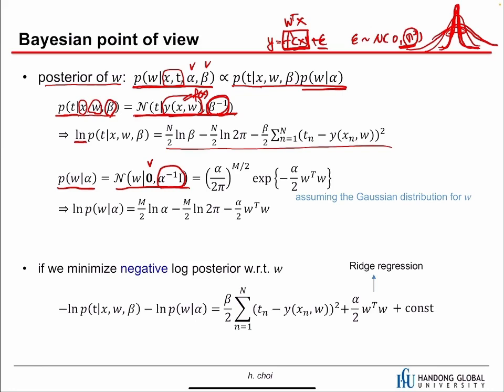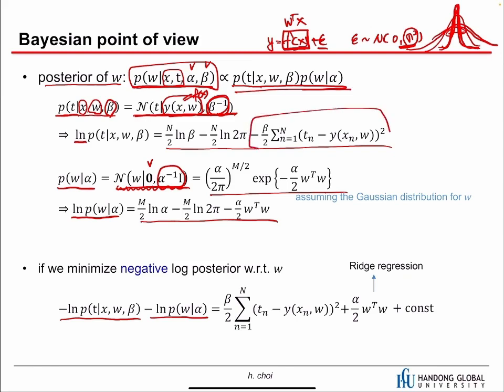So we can define our prior as we want. As we said in the previous slide, we want our parameters around the zero vector, so that's why we use this prior. Then when we take the logarithm, we got this one. Now we want to minimize this negative log posterior with respect to w. Then we take minus log and minus log from this one, and then we got this term and this term.